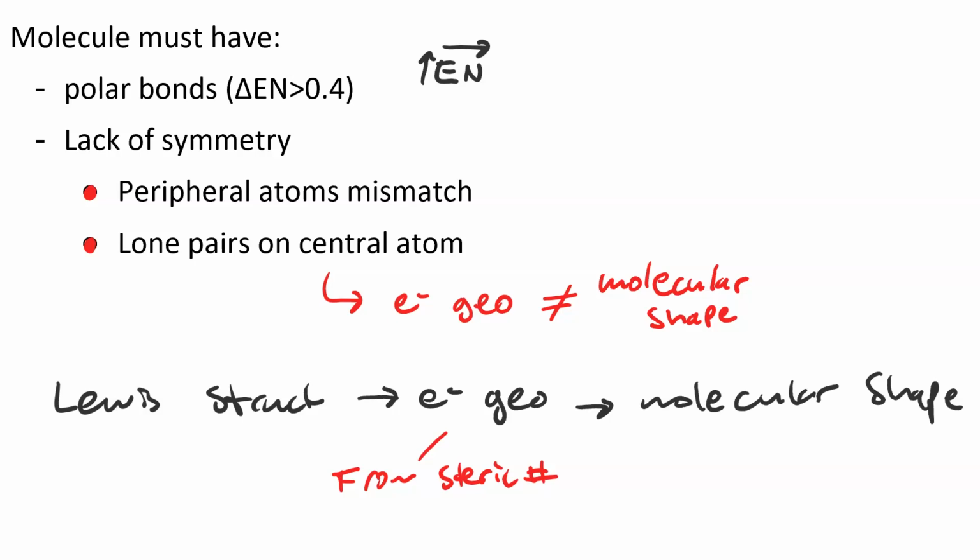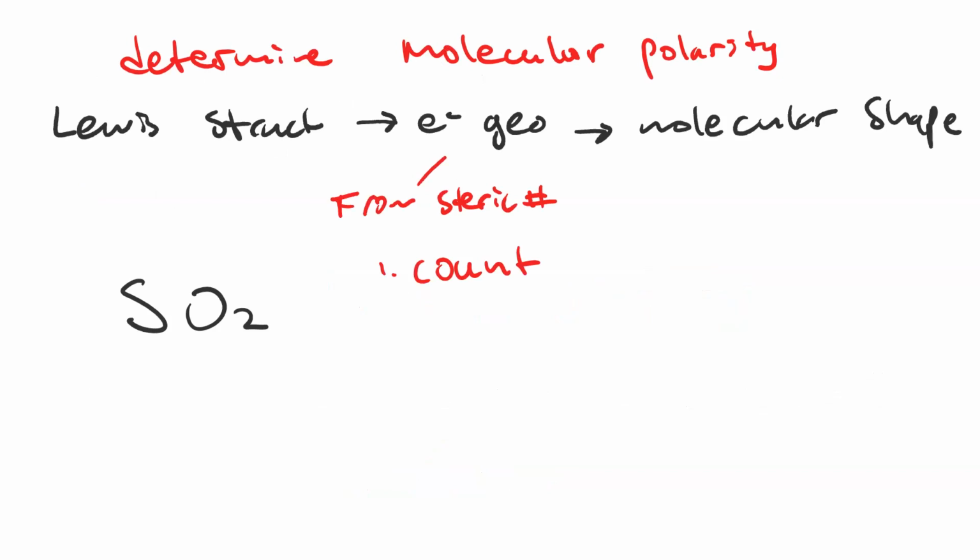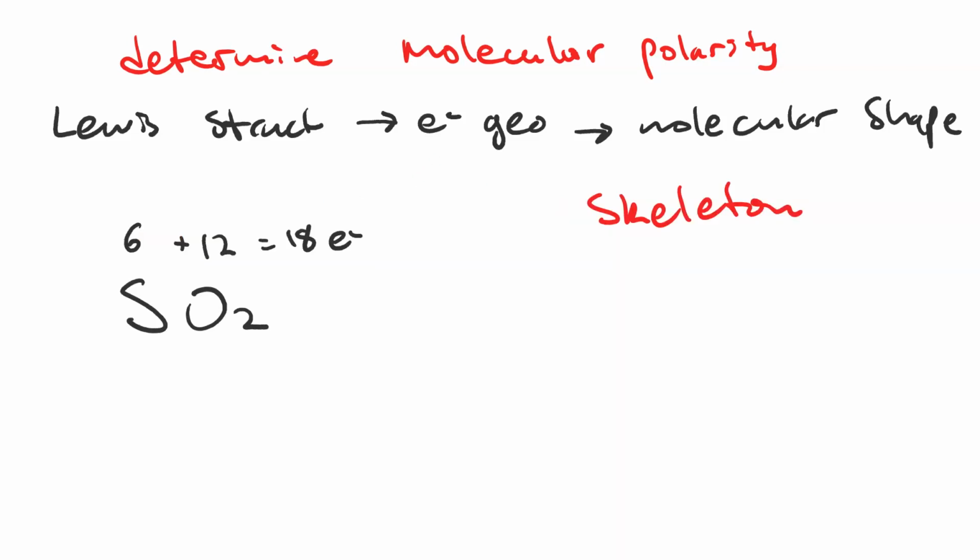Let's do an example. Let's determine the molecular polarity in sulfur dioxide. First, we count the valence electrons. One sulfur contributes 6, 2 oxygens contribute 12. 6 plus 12 is 18 electrons. Next is the skeleton. Both sulfur and oxygen have the same number of unpaired electrons, 2.